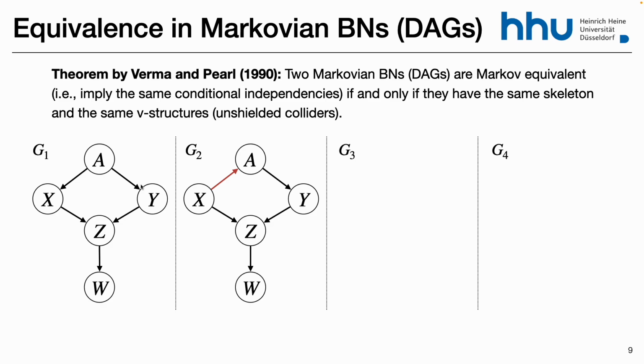You can do it. You can see by d-separation, for example, that X and Y are independent given A. Here it is the same: X and Y are independent given A. But you don't need this. By using the criterion, you can just say they imply the same conditional independencies, so they are equivalent.